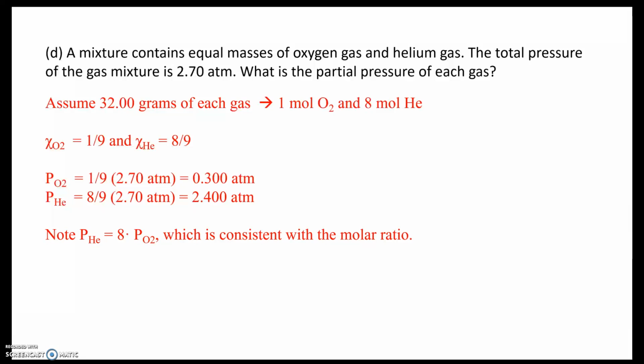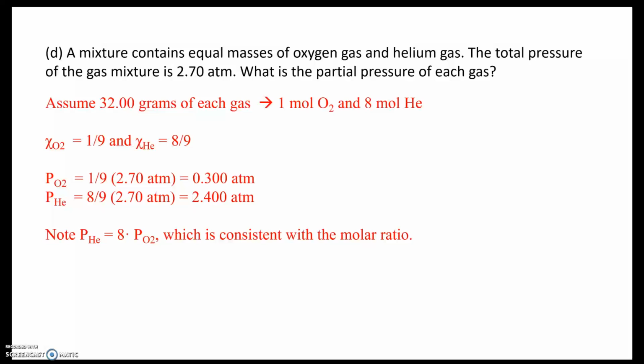So my Chi for oxygen is 1 over 9, and my Chi for helium is 8 over 9. So that tells me that my partial pressure of the oxygen is 1/9 of the 2.7 atmospheres total pressure, or 0.300 atmospheres.